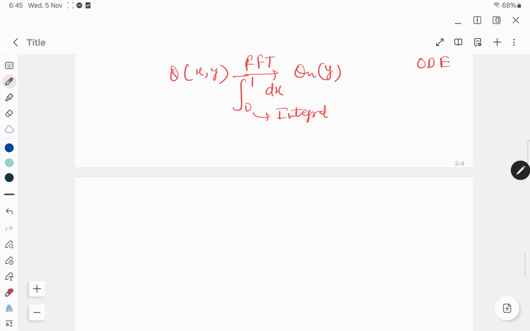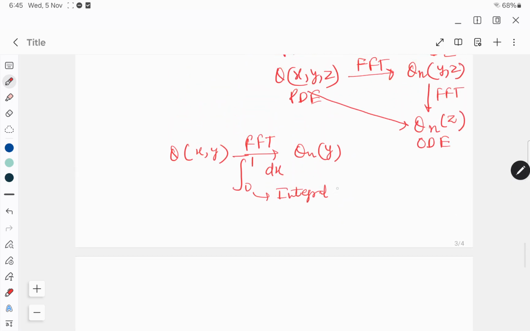This FFT is an integral transform that will transform the temperature from two variables to one variable. That must be understood at this point.